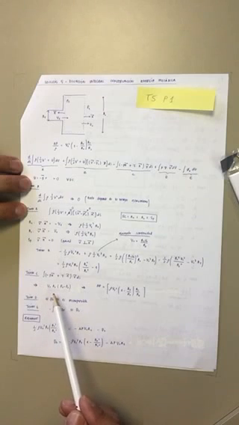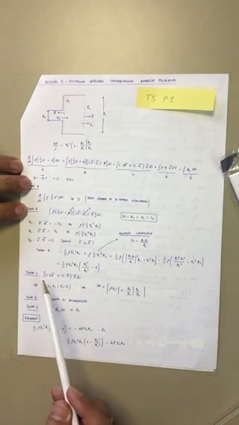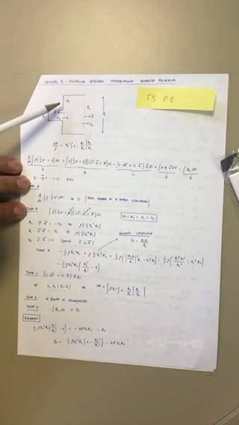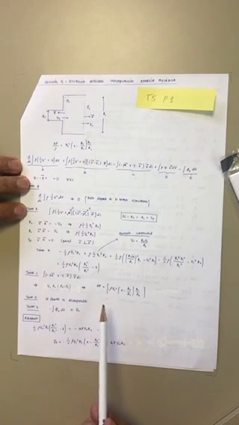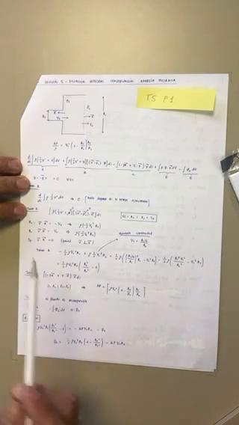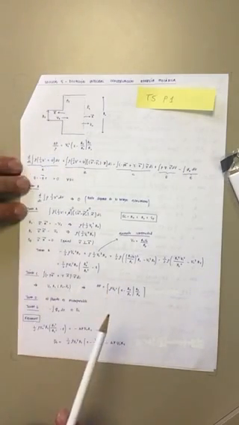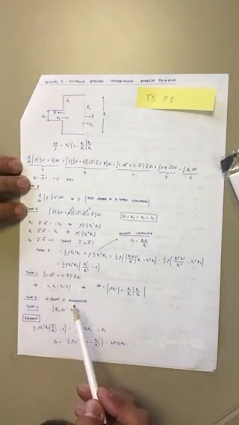Then term C. At the entrance you have P1. We assume that we have P1 all over this surface A2. So let me see.